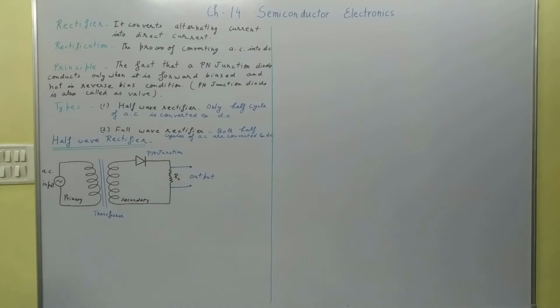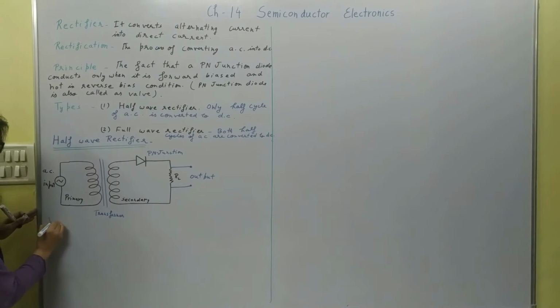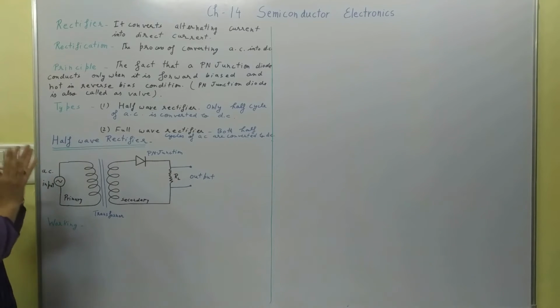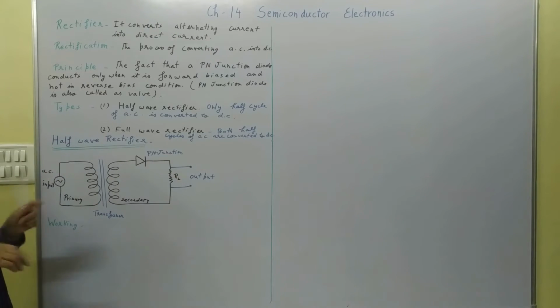So what is its working? We know what happens in AC. In an AC, the half cycle is having positive polarity and the next half cycle is having opposite polarity.